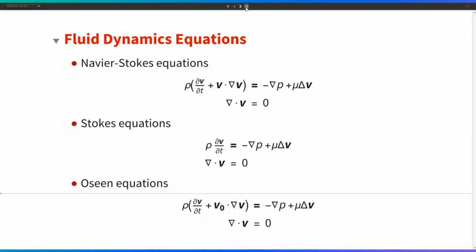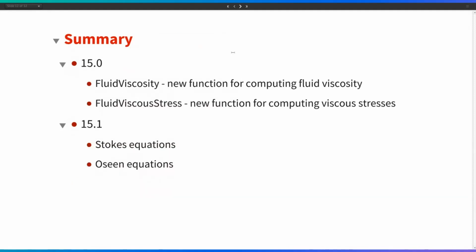So let me summarize our plans for the future. In the next version, 15.0, we plan to add two new functions, fluid viscosity, which computes viscosity of a fluid, and fluid viscous stress, which computes the viscous part of the stress tensor. You will be able to find examples of those functions in the laminar flow monograph and on the ref pages of those functions.